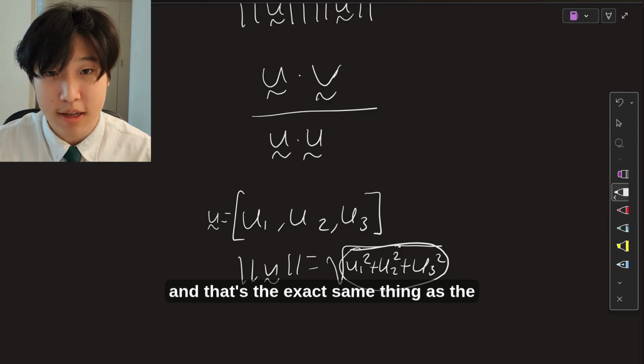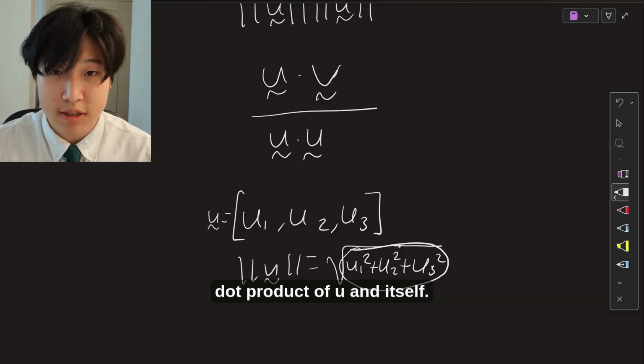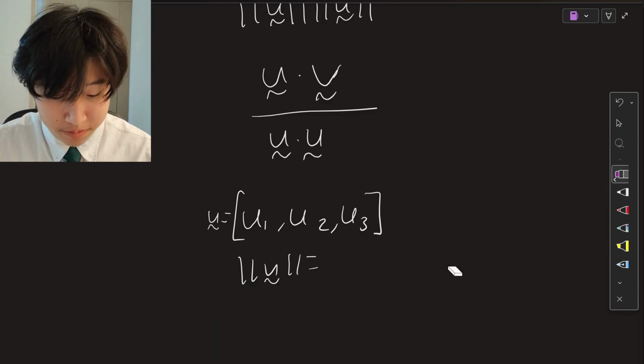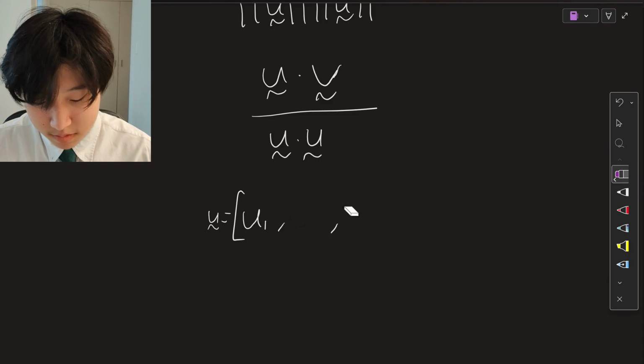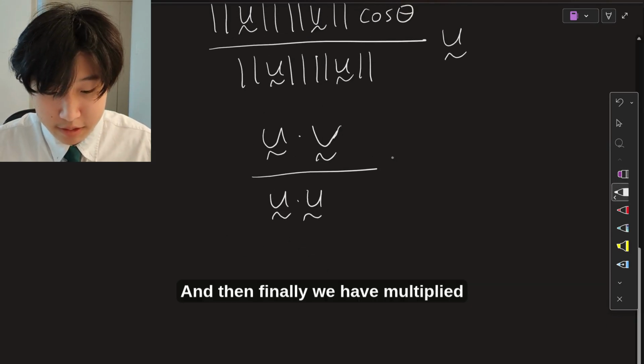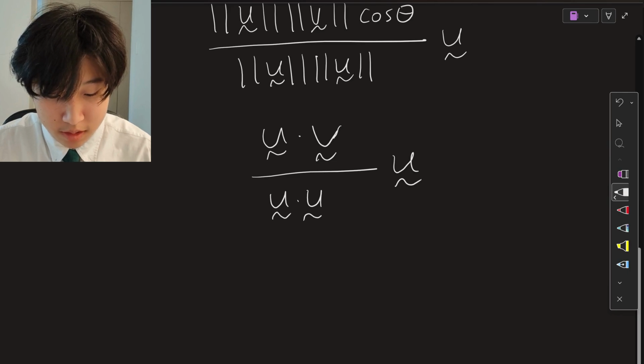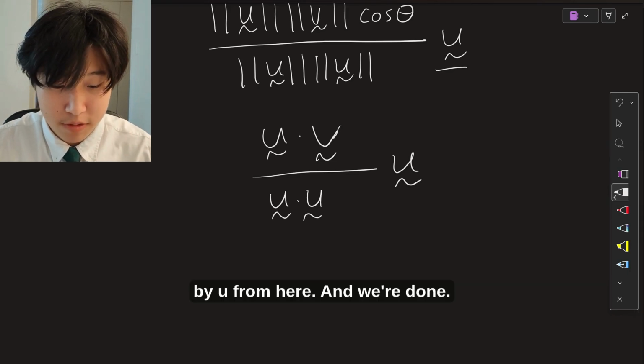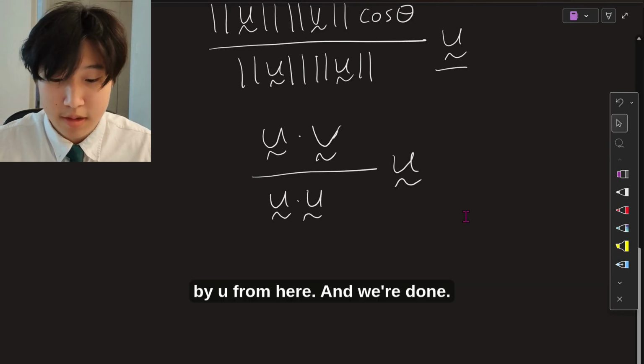That's the exact same thing as the dot product of u and itself. And then finally we have this multiplied by u from here. And we're done.